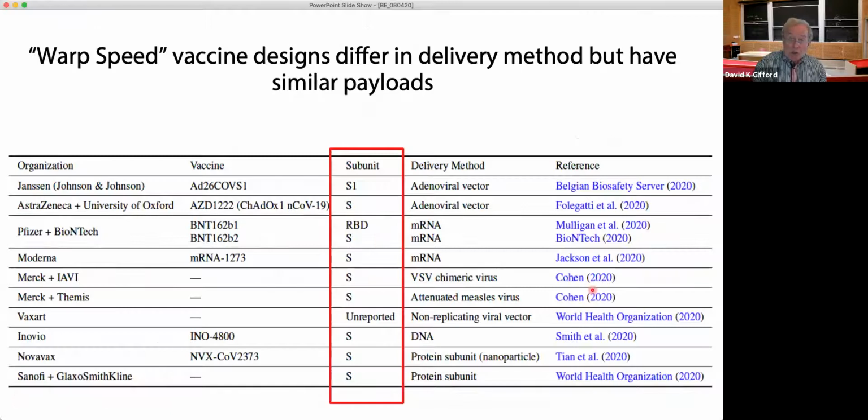Now, if you look at all of the Warp Speed candidates being funded by the US government, you can see that all of the reported ones use spike protein subunits, and Vaxart has not reported what their particular formulation is. And thus, there is a fair amount of risk in some sense concentrated on using this single subunit as a vaccine immunogen in all of these constructs.